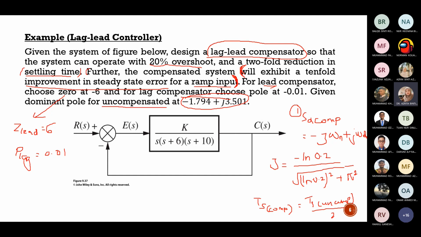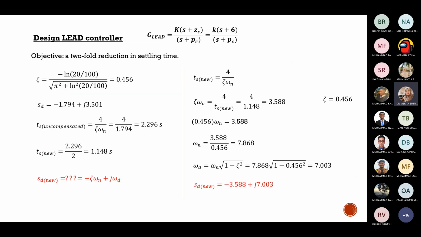The general formula is given by minus zeta omega n plus j omega d. From this value, you can evaluate the TS uncompensated. The value here is equal to zeta omega n.